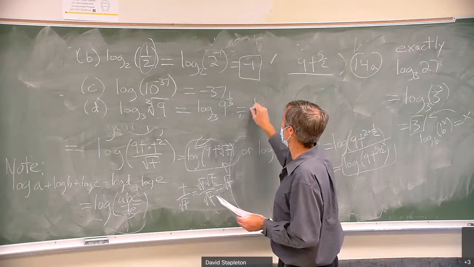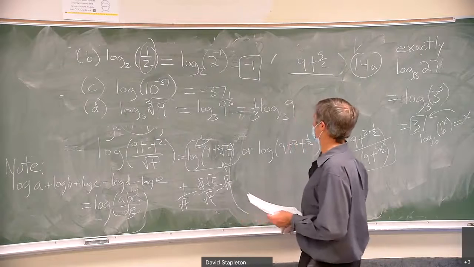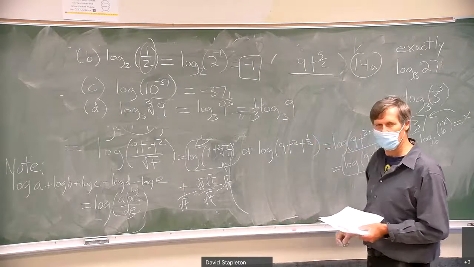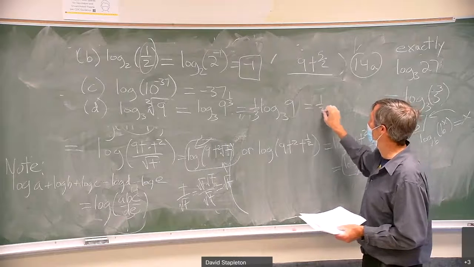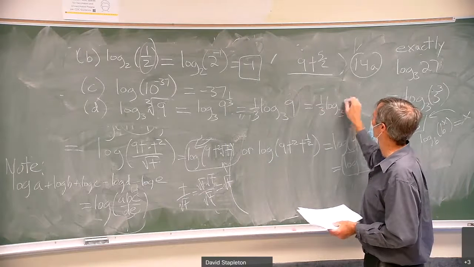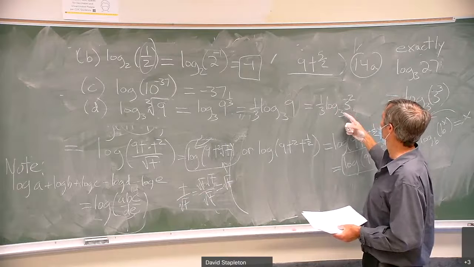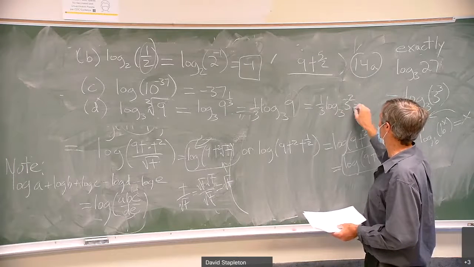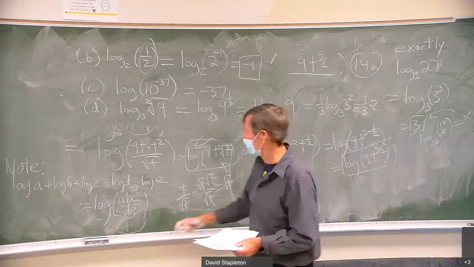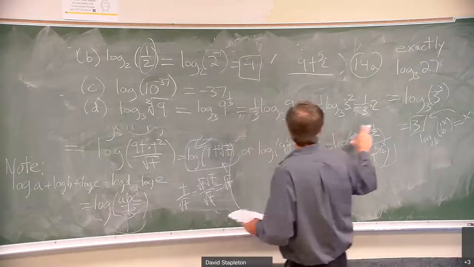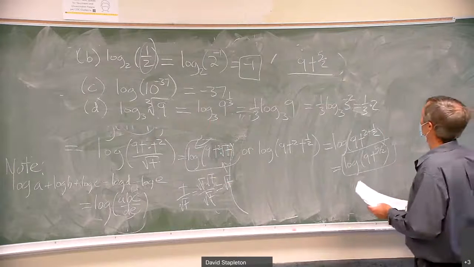Now I can pull the exponent down and say it's 1/3 log base 3 of 9. Oh, what good does that do me? Now I can write 9 as a power of 3. So this is 1/3 log base 3 of 3 squared. And 3 squared, right? Log base b of b to the x is just x. So this is 1/3 times 2. This whole thing just comes out to be exactly 2/3, right? So tricky problems there, right?